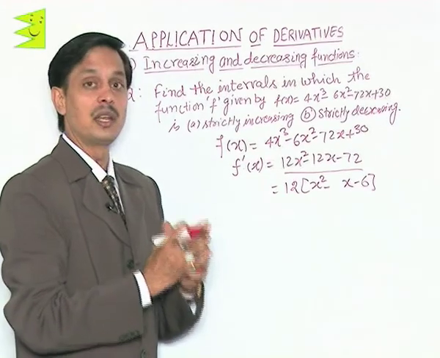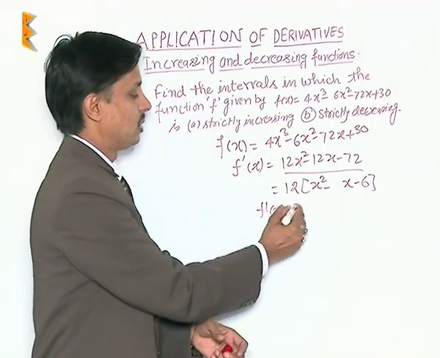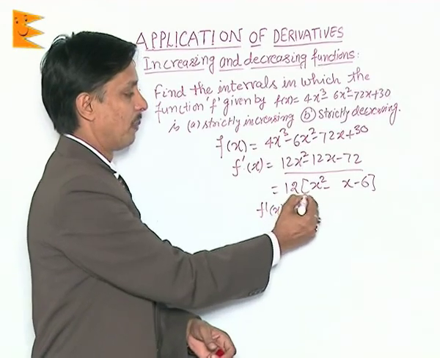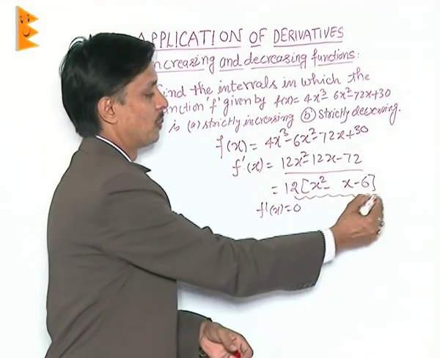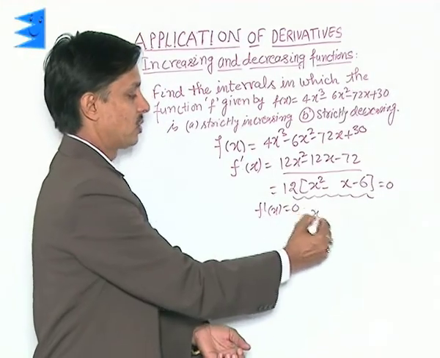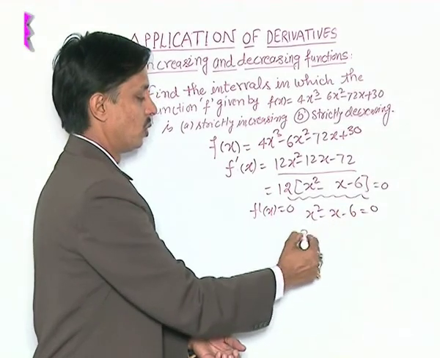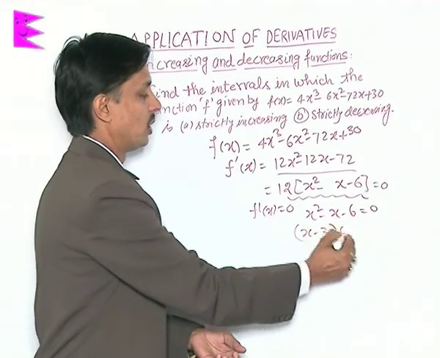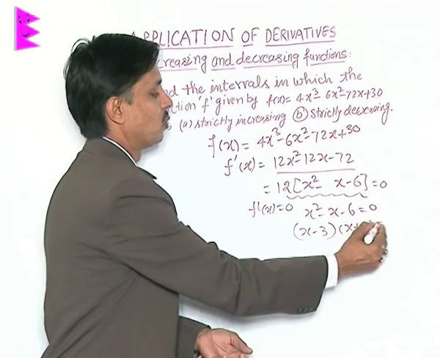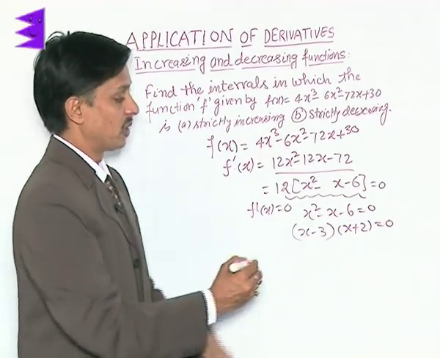Increasing and decreasing intervals can be traced if we put f'(x) = 0. So when we put this part as 0, we notice that x^2 - x - 6 = 0, or (x - 3)(x + 2) = 0.